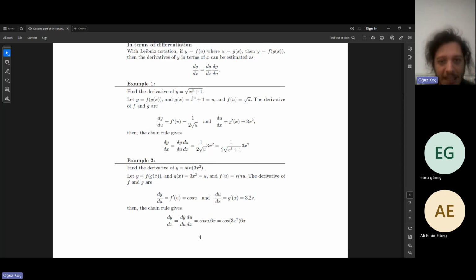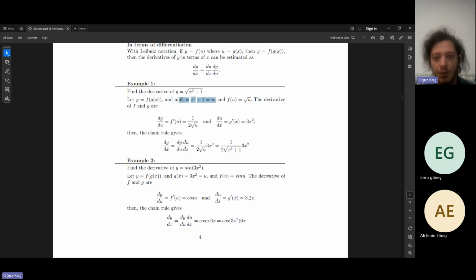We can say that the inside of the second root, g of x, is equal to the third power of x plus 1, and we can also call it u, and then this notation is transformed to f of u, which is equal to the second power of u.